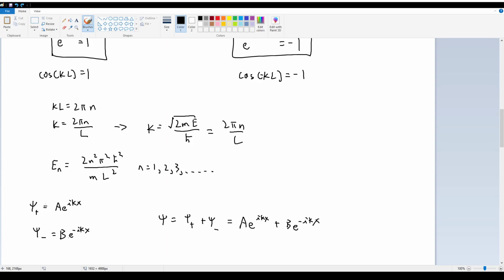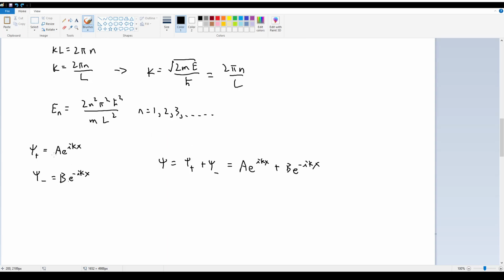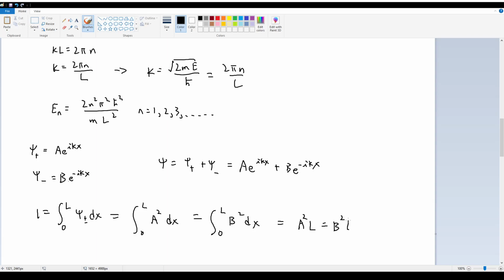So now what we have to do is normalize. If we set 1 equal to the integral from 0 to L of the magnitude squared of psi plus or minus dx, well, the complex exponential cancels out, so this is equal to the integral from 0 to L of A squared dx, which is equal to the integral from 0 to L of B squared dx, which is going to be A squared L, equal to B squared L. So therefore A is equal to B is equal to 1 over the square root of L. And with that, we have our wave functions.